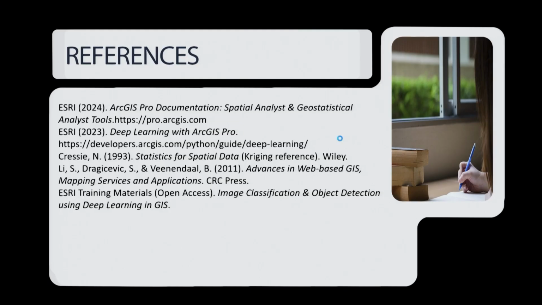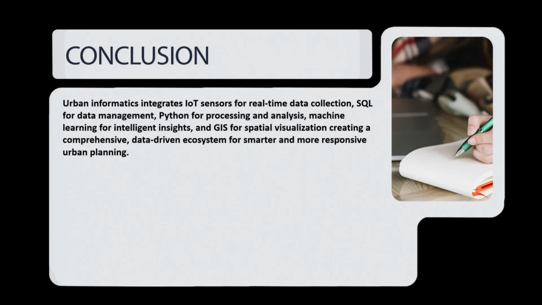And to summarize this particular lecture, because now we have come to the end, we can say that urban informatics integrates IoT sensors for real-time data collection, SQL for data management, Python for processing and analysis, machine learning for intelligent insights or predictions, and GIS for spatial visualizations, creating a comprehensive data-driven ecosystem for smarter and more responsive urban planning.